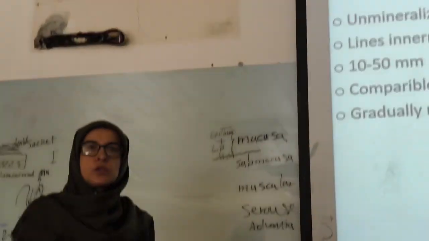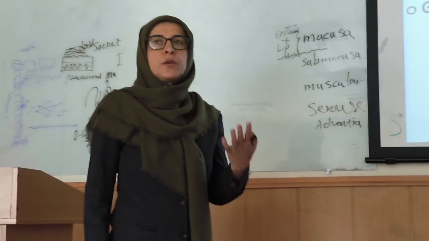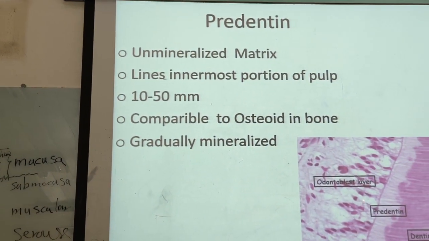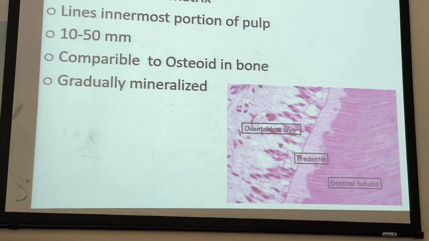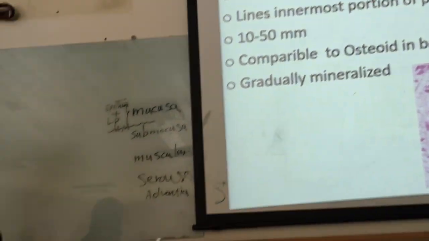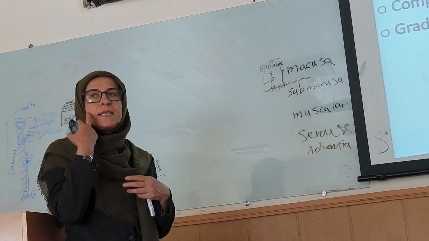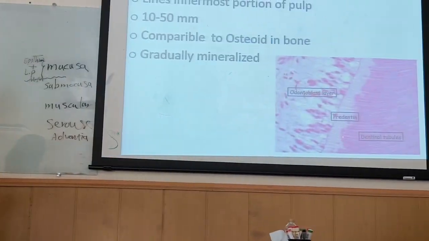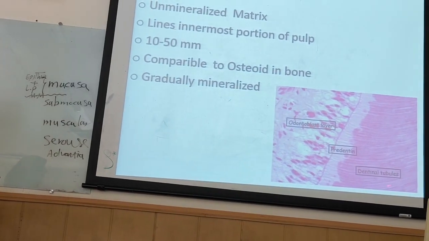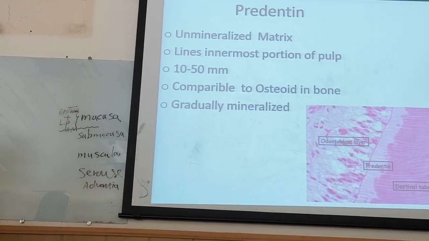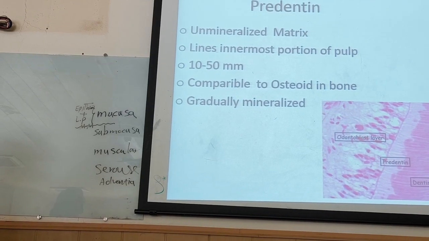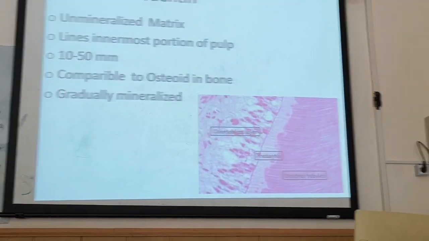At first, odontoblasts produce the non-mineralized matrix as the predentin, and then hydroxyapatite crystals as mineralized matrix precipitate here and form some structures called dentinal tubules, which are the main structures of the dentin.